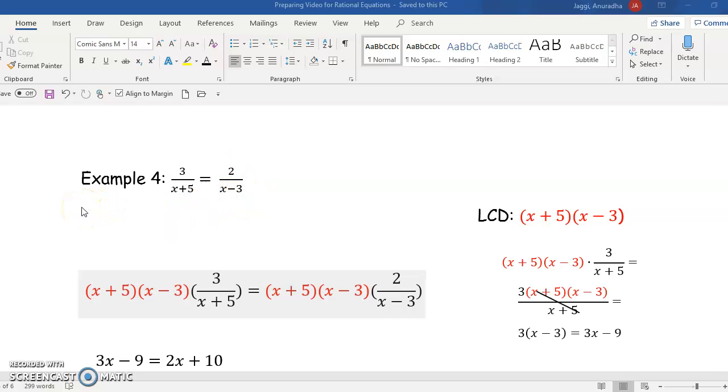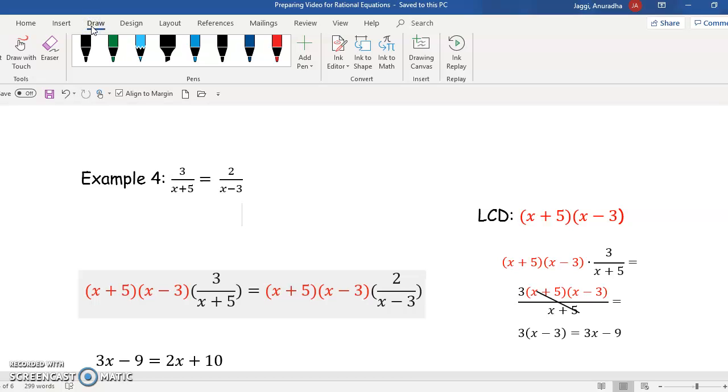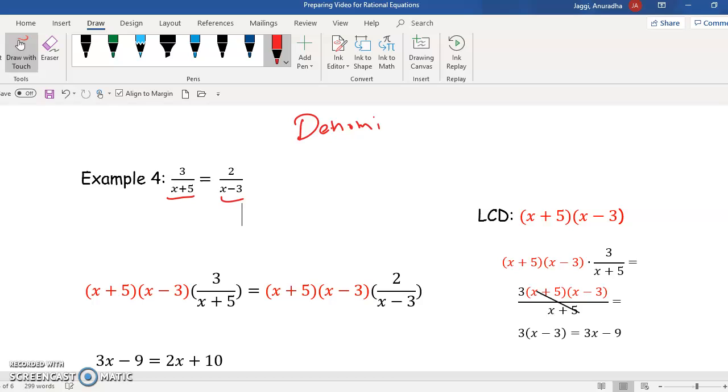Again, step 1, identify the denominators. So the denominators are x plus 5 and x minus 3. I'm going to write the denominators as x plus 5 and x minus 3. What is the next step?